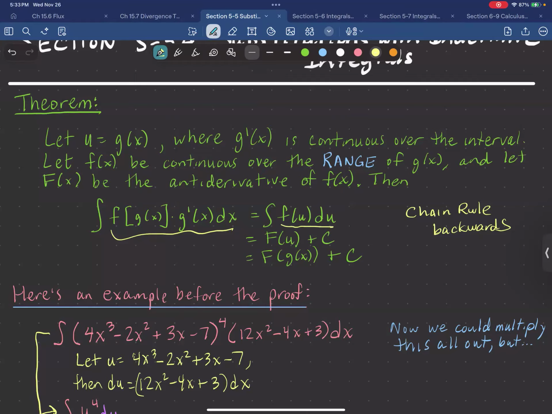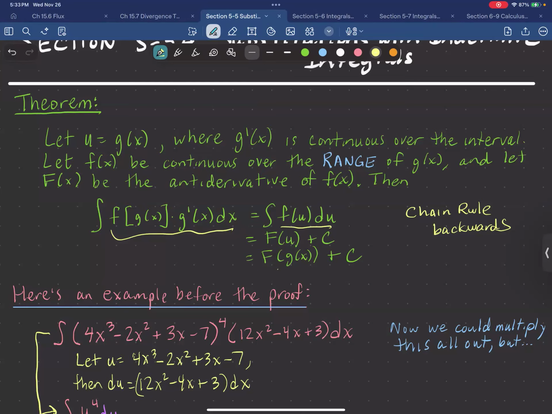Well, it didn't have the dx. If we had f of u, we had f of g of x. The chain rule showed us getting that. Okay? So that's how this is working.